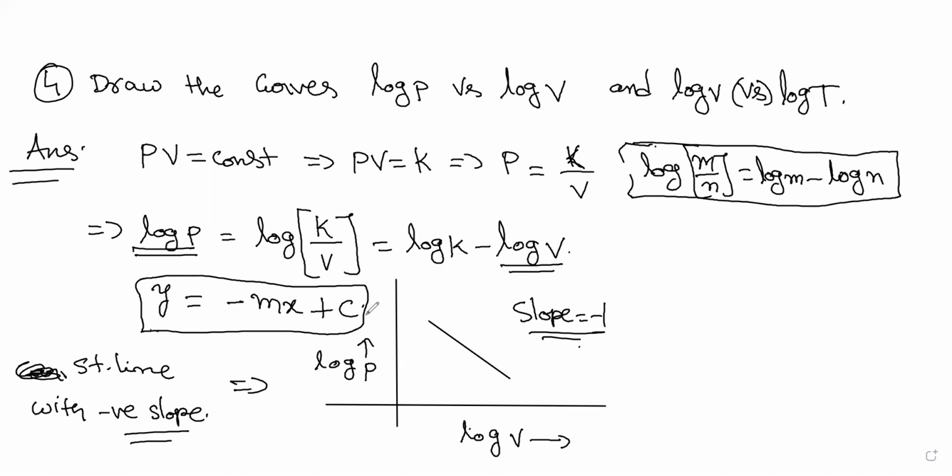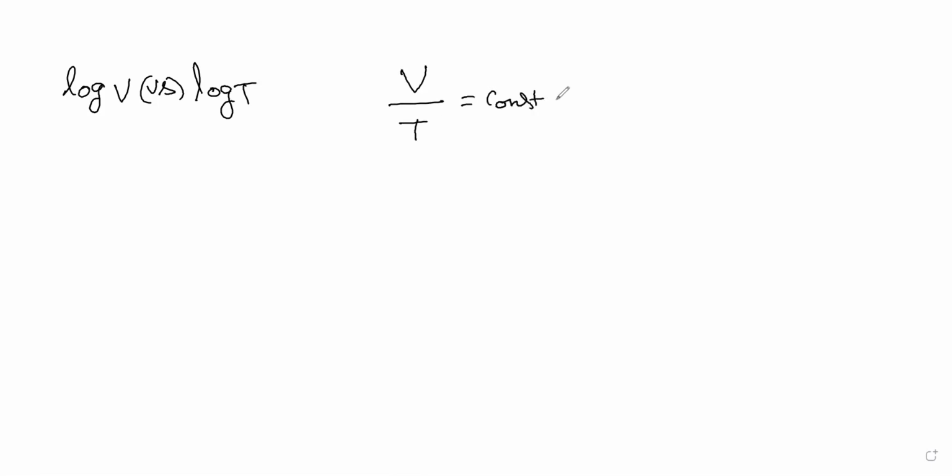Noted, sir. Okay, now how does the other curve look like? That is log V versus log T, we have to do. For that we have Charles' law, V by T is constant. So it is like V by T is equal to some K. So V is equal to KT.